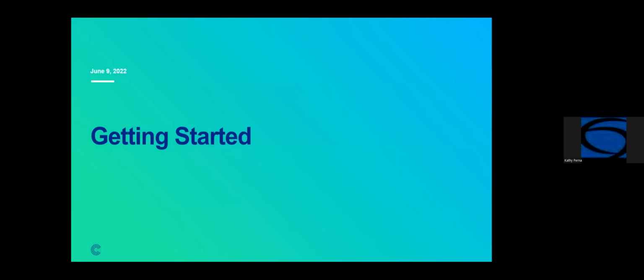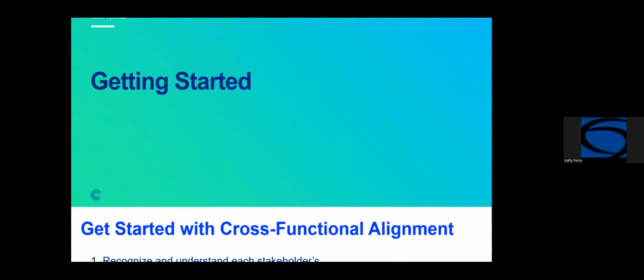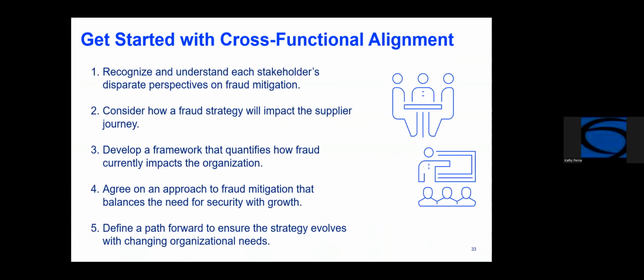All right, so getting started. The first thing that you want to do to get started with these mitigation tasks is to have cross-functional alignment. It's important that you have team members across the organization who are willing to put in the time and the strategies and tasks to prevent payment fraud. First, recognize and understand each stakeholder's disparate perspectives on fraud mitigation.